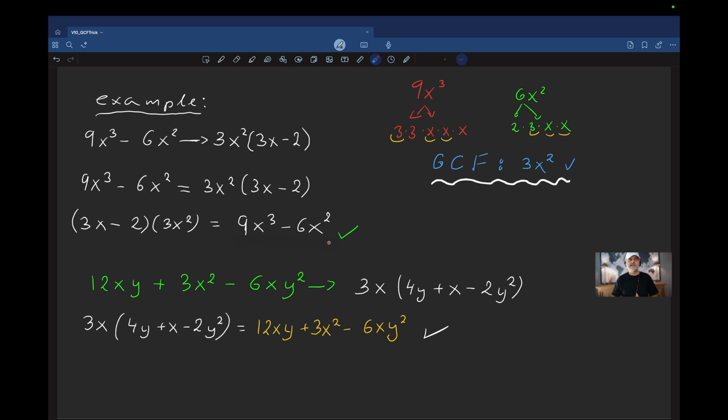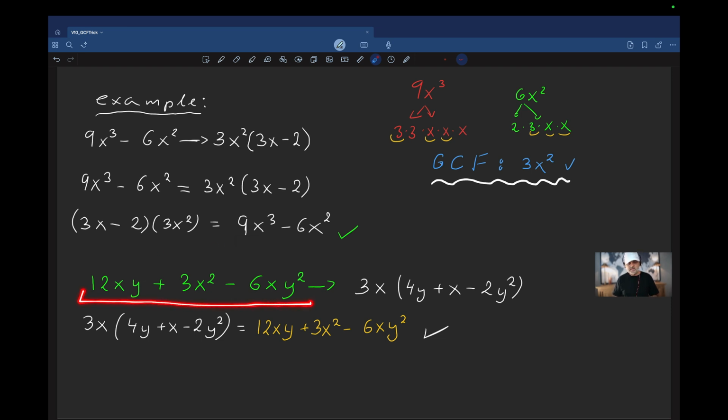Bingo, the question is done properly. Boom. So this is the secret about working with greatest common factors. You find it and then you reverse the process so that you know this is done correctly.